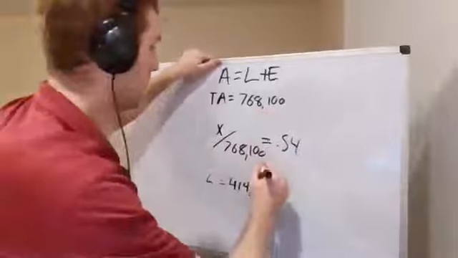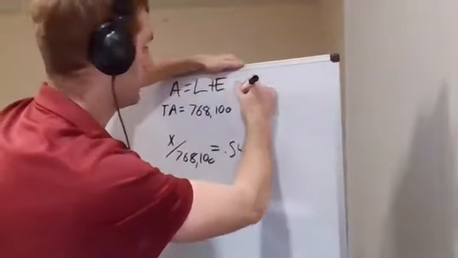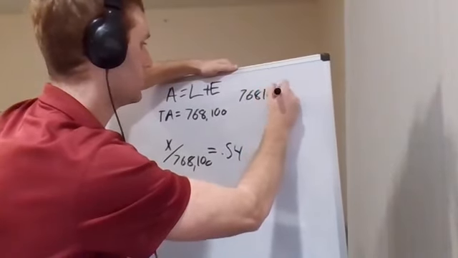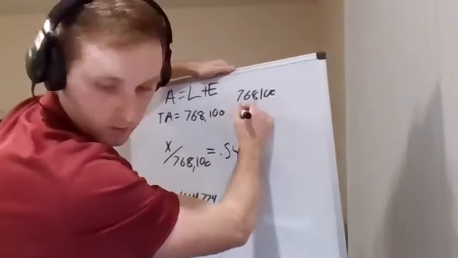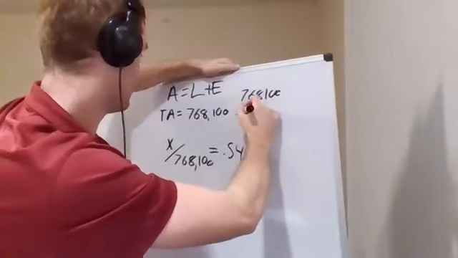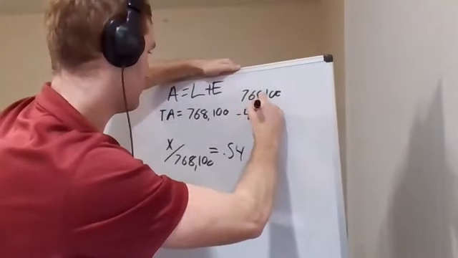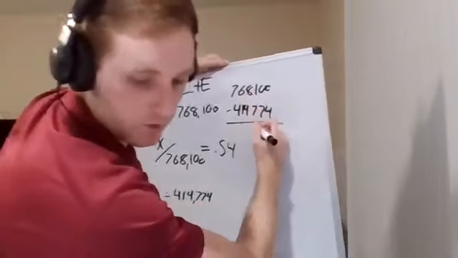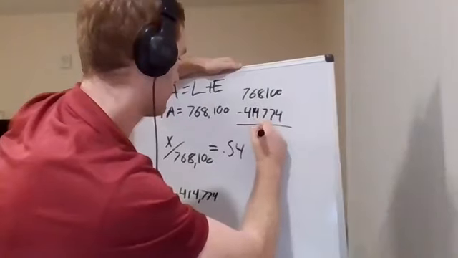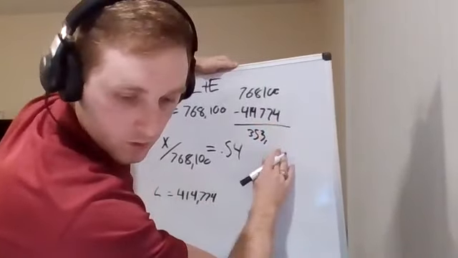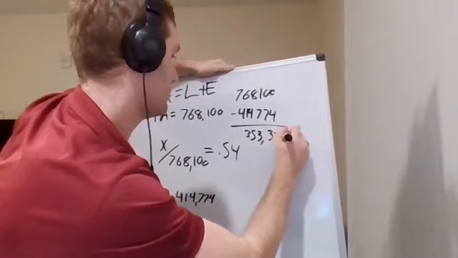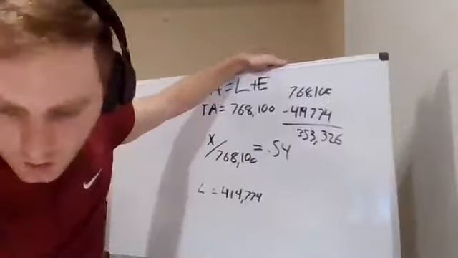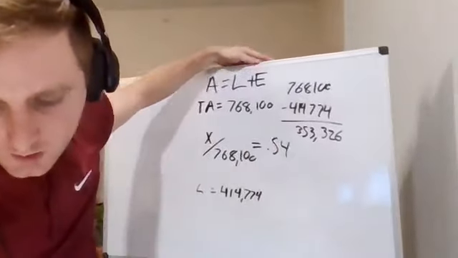So our total assets, 768,100, minus 414,774 gives us 353,326. This is our total equity. All right, next.